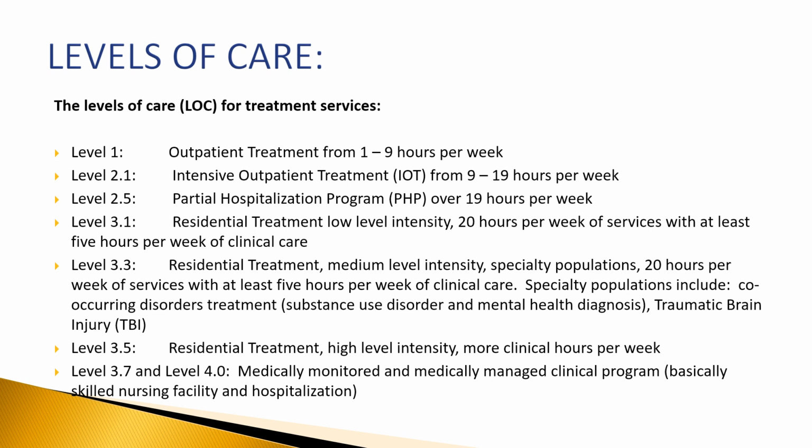Level 3.5 is residential treatment, high level intensity, and more clinical hours per week. Level 3.7 and Level 4, which is the highest, is medically monitored and then medically managed clinical program, meaning the client needs to be in a skilled nursing facility or a hospital.